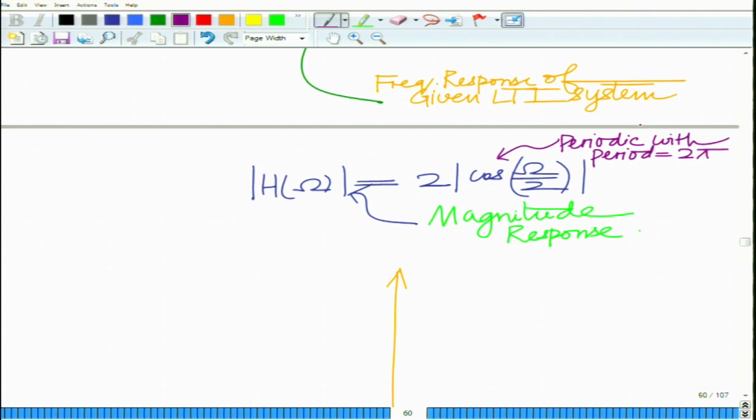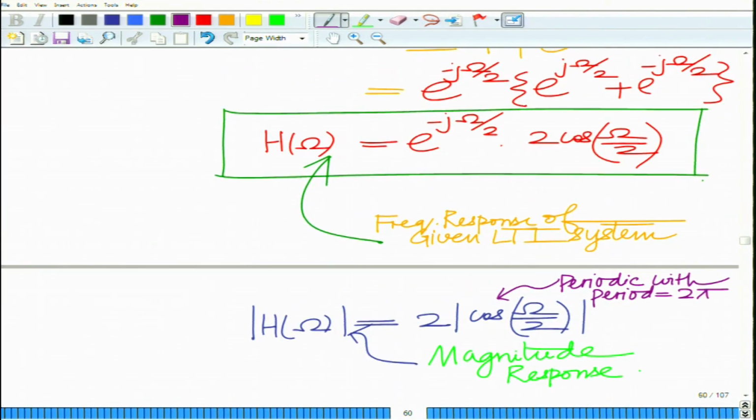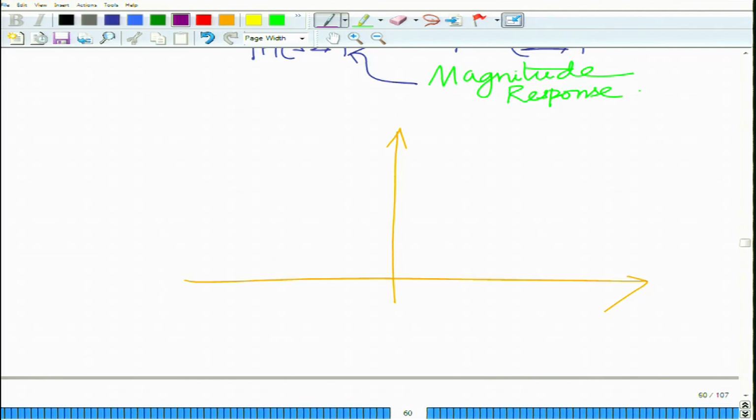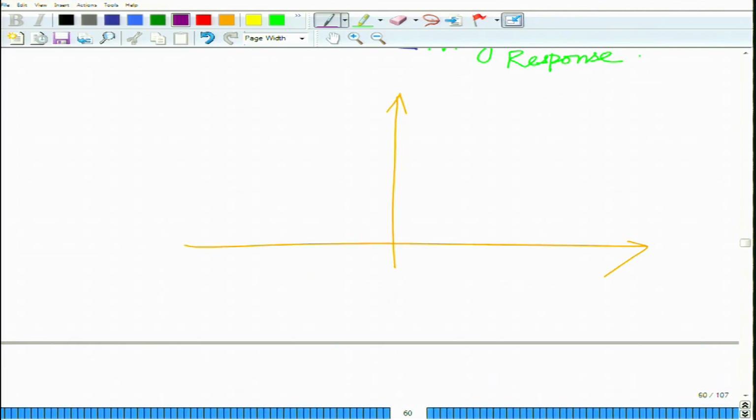So, if you look at cosine omega, it will be periodic with period equals 2 pi. Okay. And now, if you look at this quantity here, I can draw this as follows.